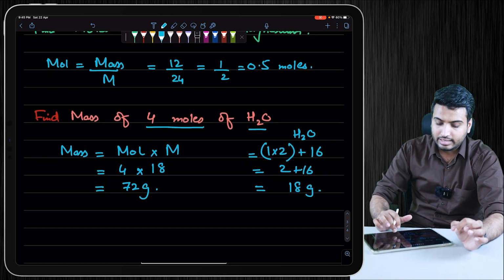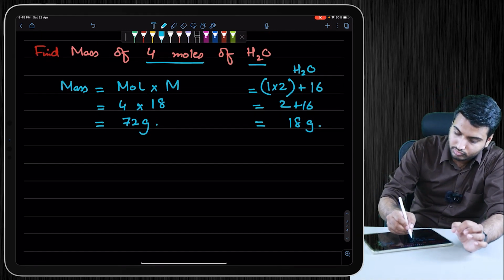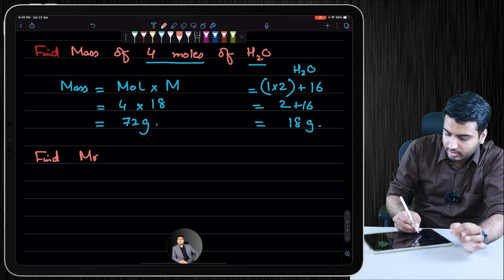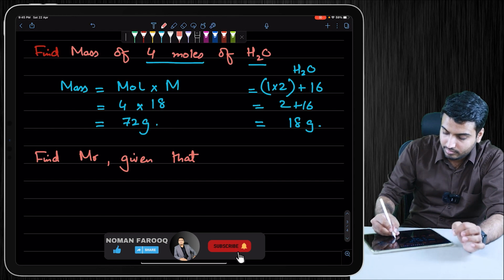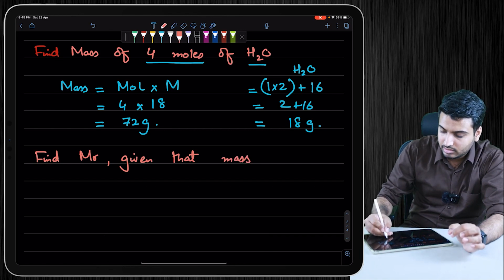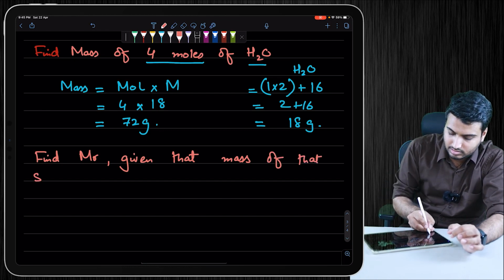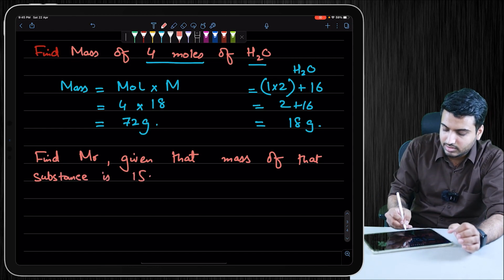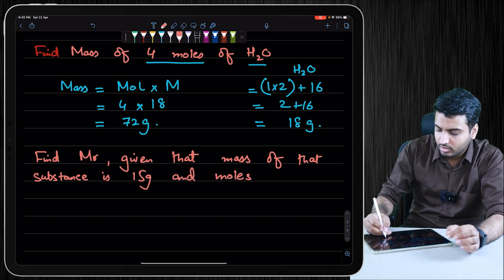Alright. Okay, now let us do another worked example in which we need to find Mr. Find Mr given that the mass of the substance is 15 grams and moles are 0.5.